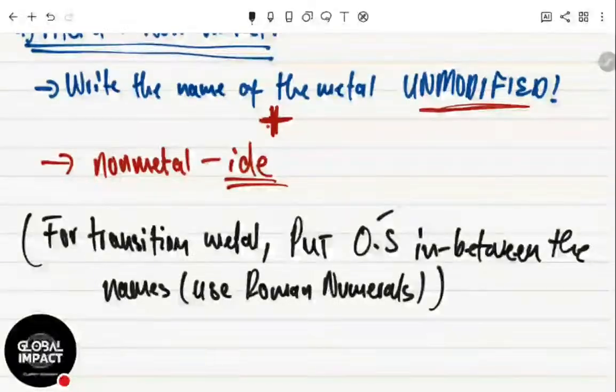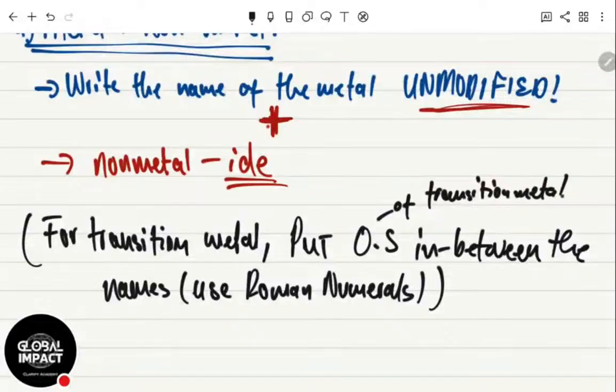So put the oxidation state of the transition metal in between.